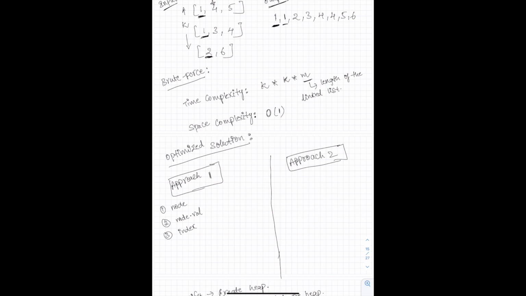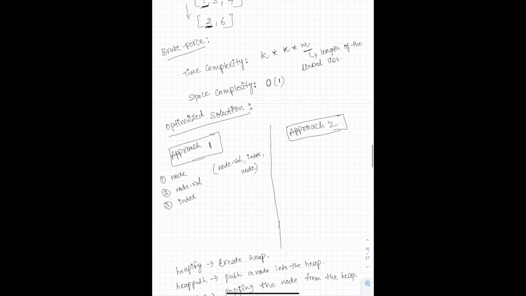So we are going to store these three pieces of information in the form of a tuple. The information should be stored like this: node.val, index, node. Let's discuss why we need all these three.